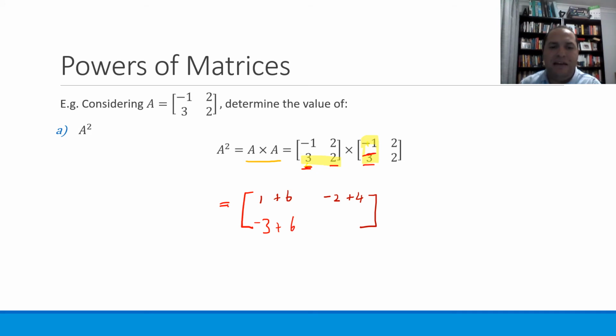And finally, in our last element, second row times second column: 3 times positive 2, which gives us 6, and then 2 times positive 2, which gives us 4. All of those values I can work out. 1 plus 6 is 7, negative 2 plus 4 is positive 2, negative 3 plus 6 is positive 3, 6 plus 4 is 10. And that's how we can work out A squared.